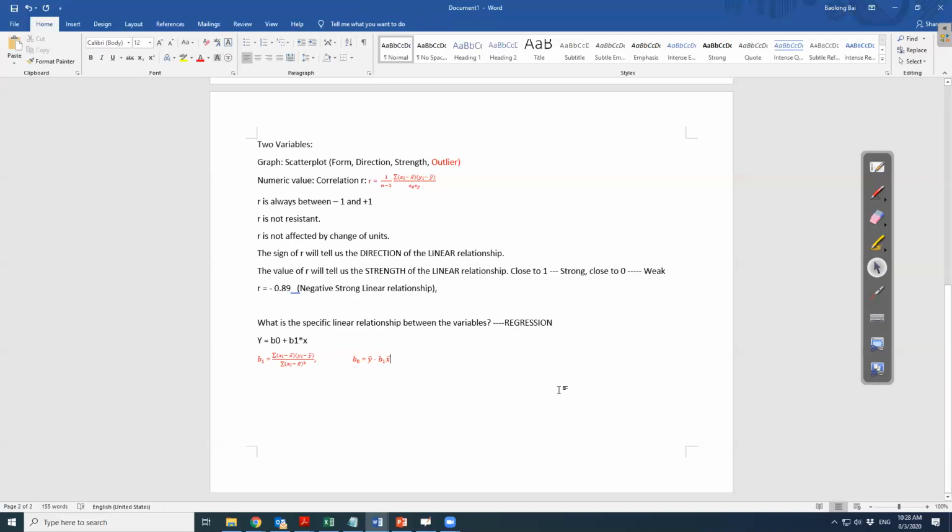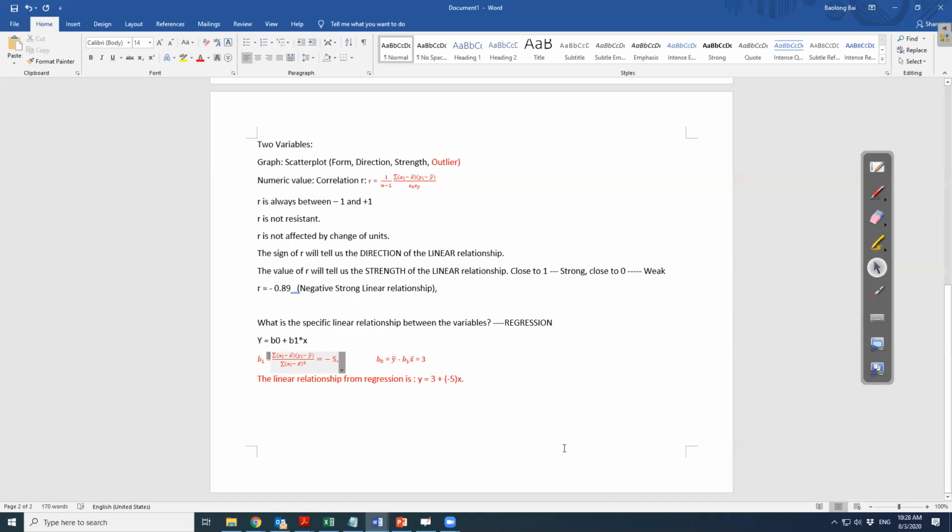So they're quantified. For example, if b1 is calculated to be -5, and b0 is calculated to be +3, then the linear relationship we're looking for will be y equal to b0, 3, plus b1, -5 times x, right?